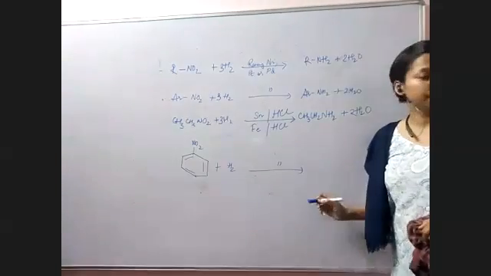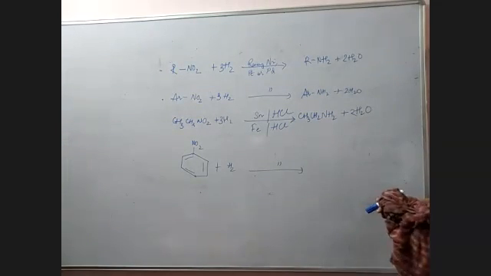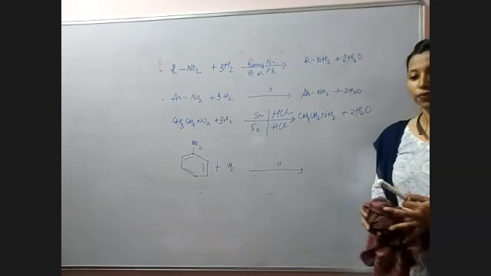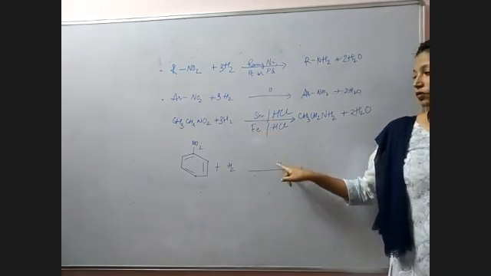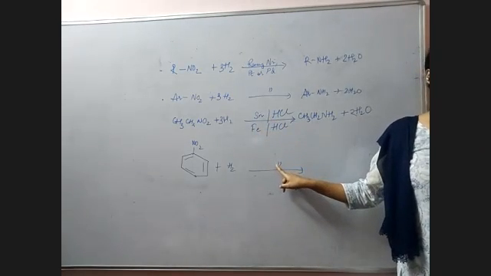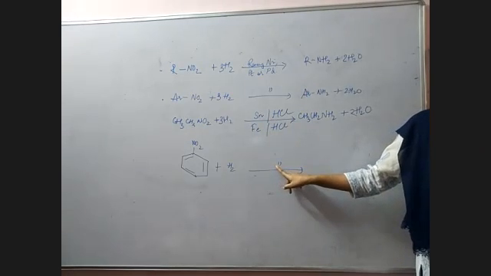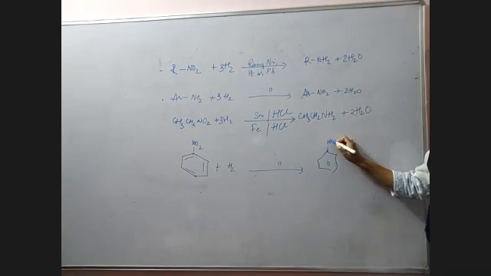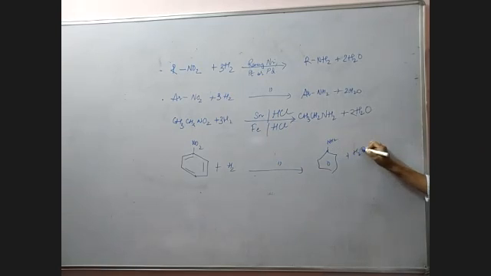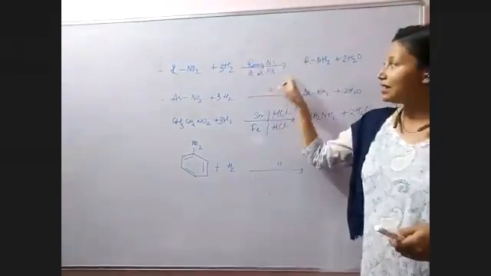Nitrobenzene will give you benzenamine or aniline plus H2O. Product banao. Complete. So this should give you aniline and H2O. Now, apart from Raney nickel, this is catalytic reduction.